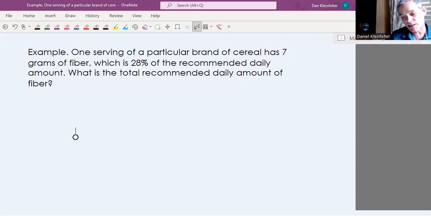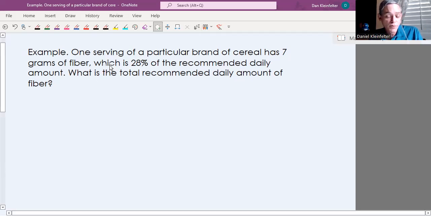So the percentage is here, that's the 28%. Then you have to ask yourself, is the 7 grams of fiber the whole, or is that the part, that 28% of some larger unknown amount? And reading through the question, this is the part of the whole amount.